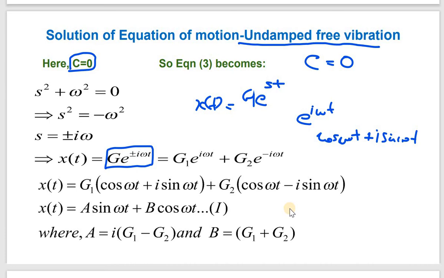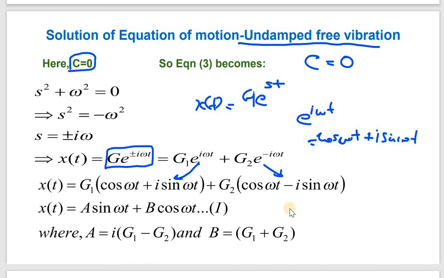And e raised to minus i omega t can be written as cos omega t minus i sin omega t.